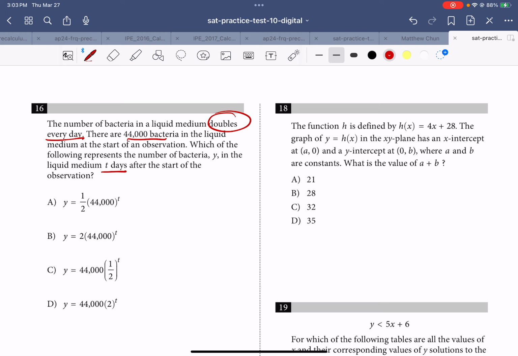That means initially it was 44,000. That's the initial value, and it doubles every day. So t days after, it will be like this, right? So this is each day, right? That t means the number of days after the initial observation. It'll be t multiplied by doubling. So not this. So it should be this.